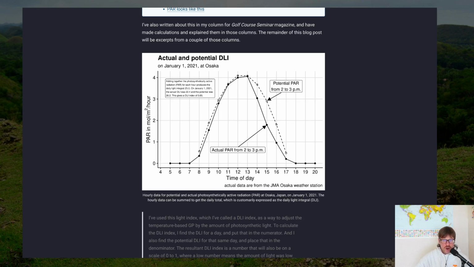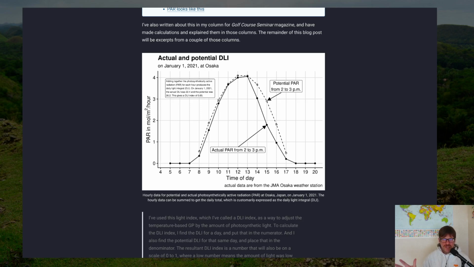If that's as low as it gets in Osaka, that's not very low, because if you look at the research from Dr. Mike Richardson, and I think Travis Russell was the graduate student doing that project at the University of Arkansas, they found that in the summer, bentgrass did just fine with a DLI of 30.